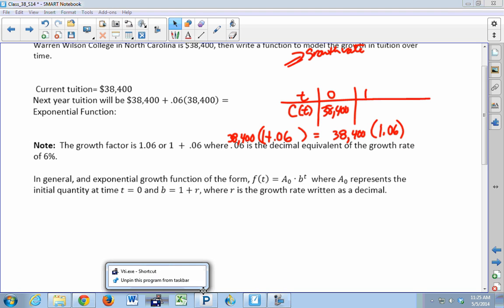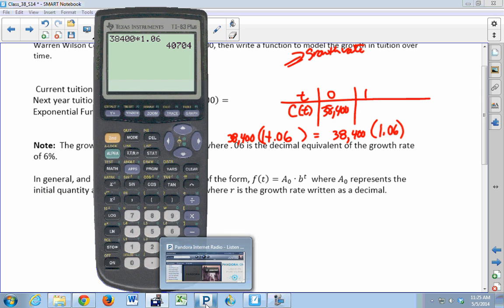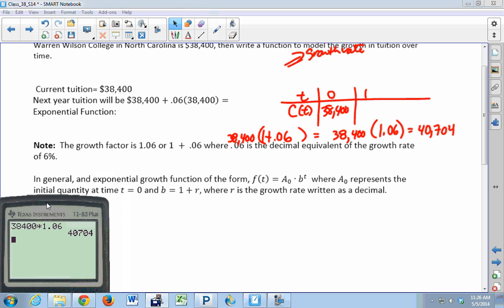So let's get this calculator out. Okay, so let's see what it will be next year. 38,400 times 1.06. I know it's 40,000 something. I don't remember, so it's going to be 40,704.